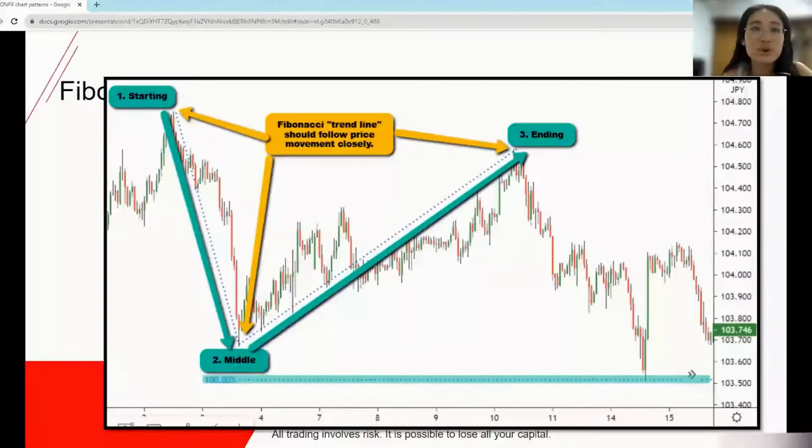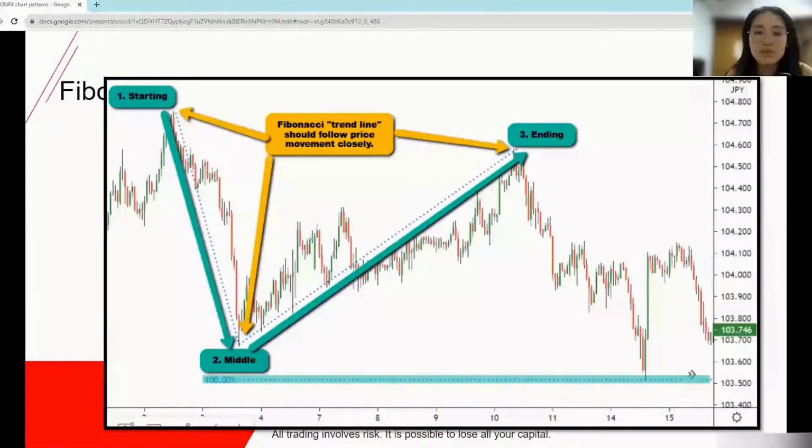So it's important for your Fibonacci trend line to follow price movement or market structure really closely. Price has also bounced off of the 100% Fibonacci level over here. So you can see this is our flash shape, and we're expecting price to go down towards our 100%. You can see it reversed off nicely.